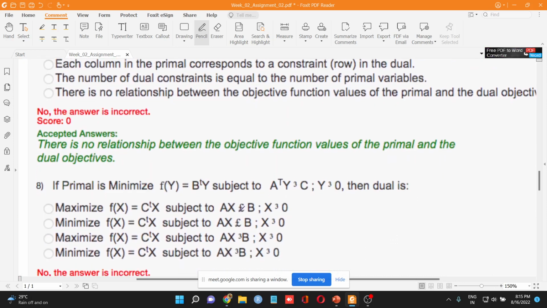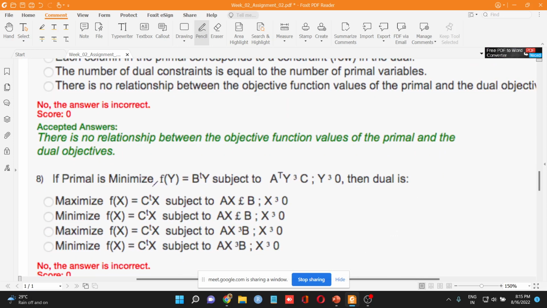And if the primal is of the minimization type, and here they have given f(y) = b transpose y, subject to the constraint A transpose y greater than or equal to c and non-negativity restrictions. Then, since it is minimization type here, the dual would be maximization type.